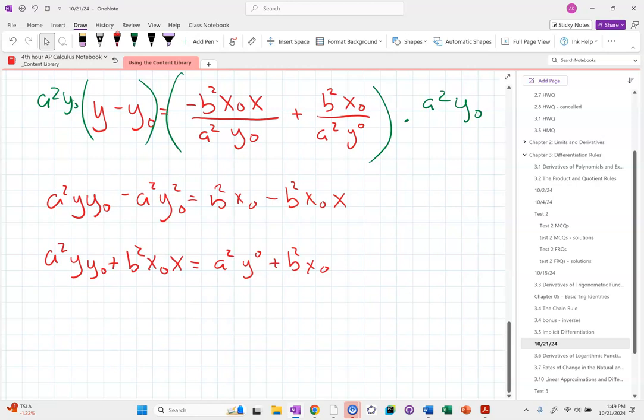So far, so good. So now I'm going to divide both sides by a squared b squared.